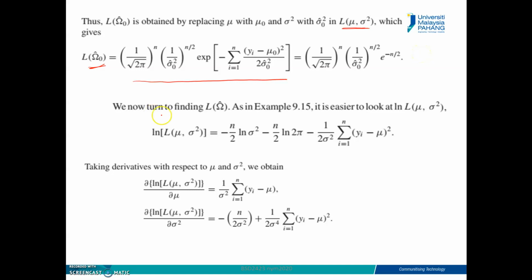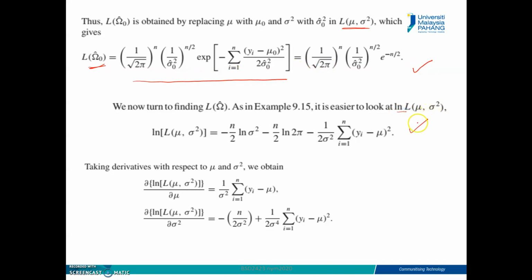So now, turning to finding the maximum likelihood for omega hat. As in example 9.15, which we did in the previous video, it is easier to look at the ln likelihood function. So from this equation, the likelihood function, you will take the ln.